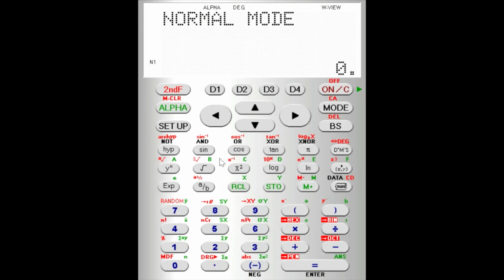Number 2, computation. To find the population in 2017, we just subtract 2017 minus 1995, and we will get t equals 22. So to solve the total population, we have 30 times e. For e, shift natural log.